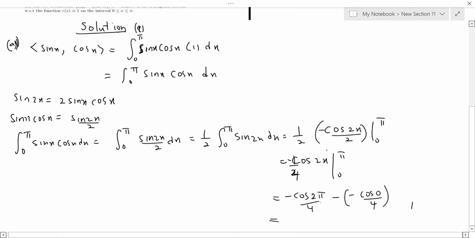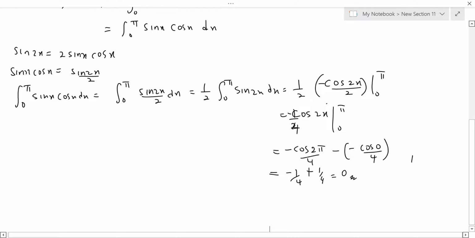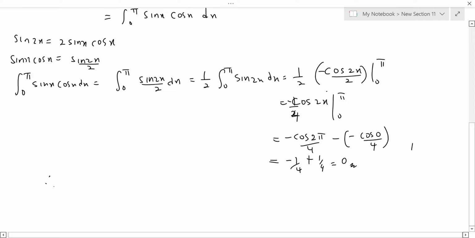Cos 2 pi is 1, so that is minus 1 over 4. This is minus times minus to give you plus. Cos 0 is 1, so if you sum this up, you get 0. So therefore, what is the conclusion? We have the inner product of sin x and cos x, and this gives us 0.